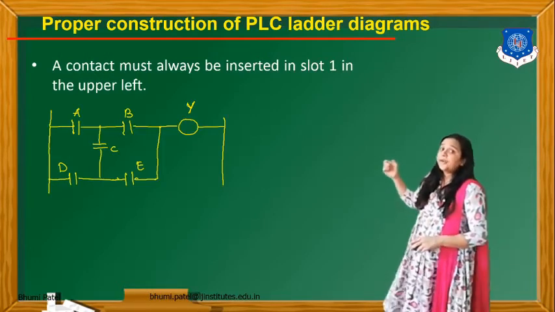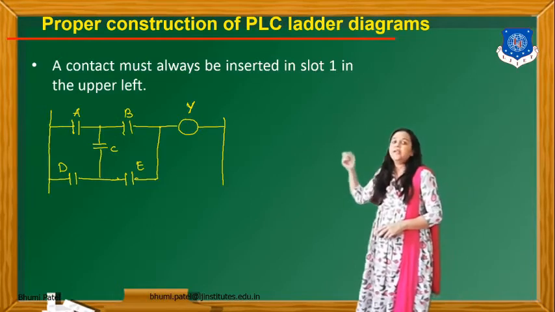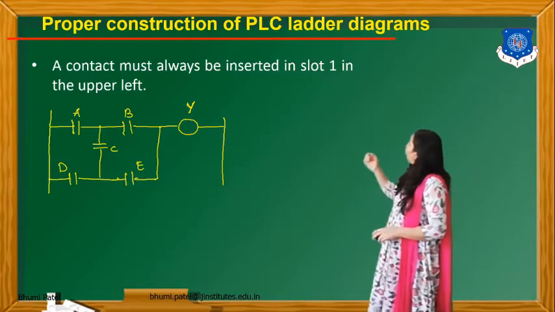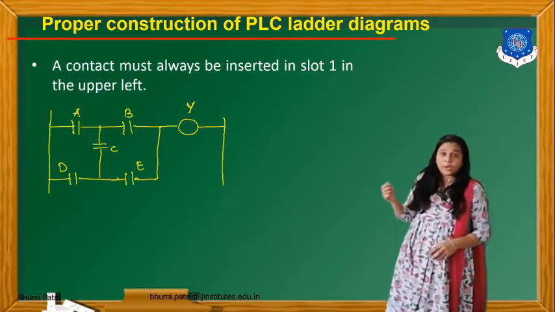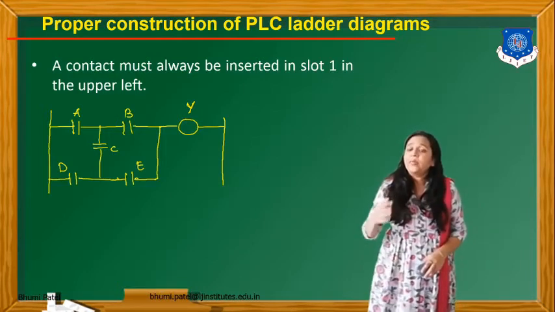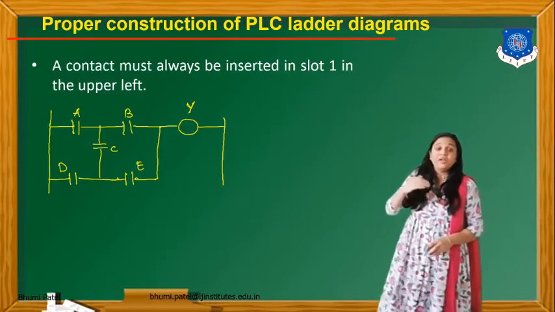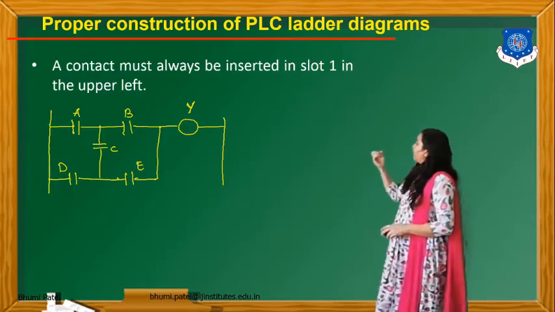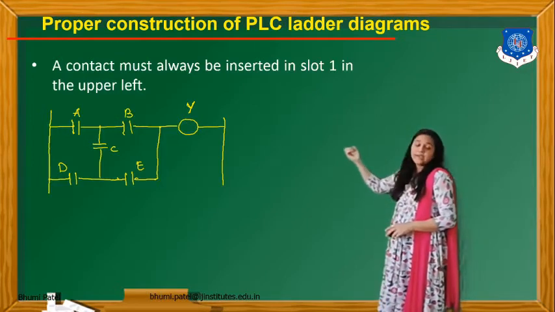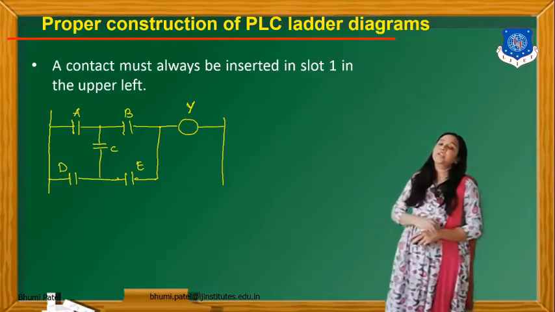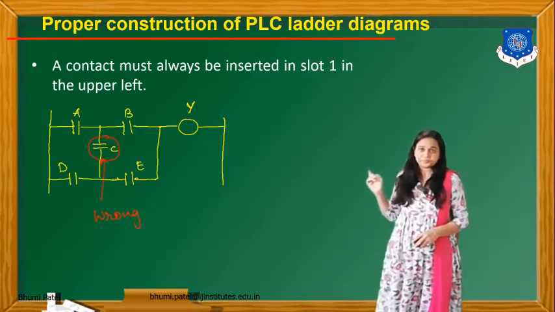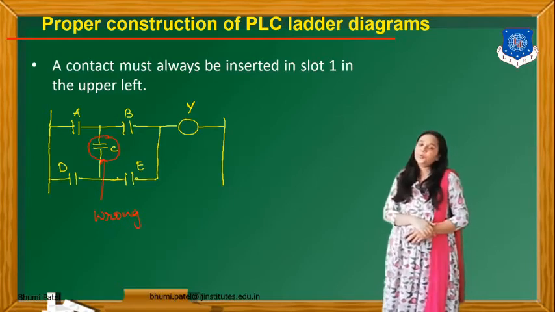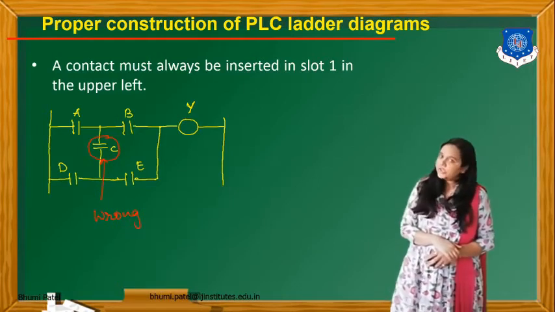The contact must always be inserted in slot 1. That means we cannot connect the C input vertically. If we connect multiple inputs to the same output, we can connect them in series or in parallel. So this is the wrong method to connect the input device in the ladder logic diagram.